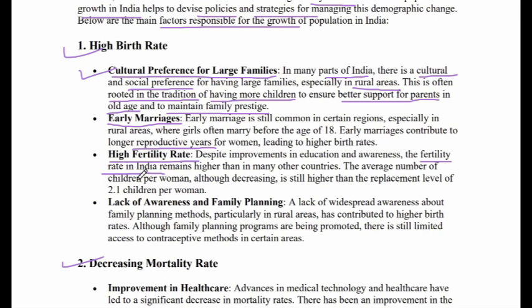So that is very high. Fertility rate means how many children are born to a woman of reproductive age. That is basically between 15 to 49 years. So my estimation was correct, 45 years.